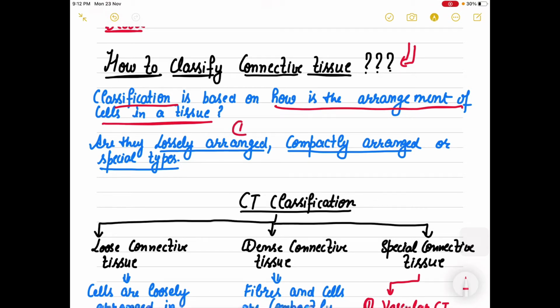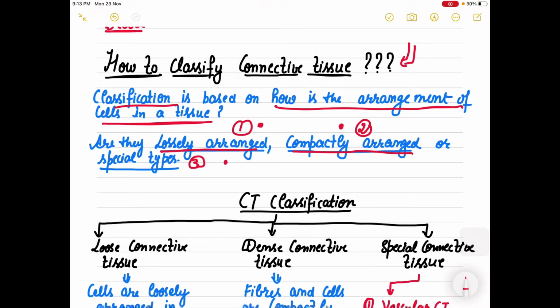Few cells are loosely arranged, few cells are compactly arranged, and few cells are very special types. In most books, you will find only loosely and compactly arranged mentioned. In few books, they have mentioned 3 types, but we will discuss these 3 types one by one.